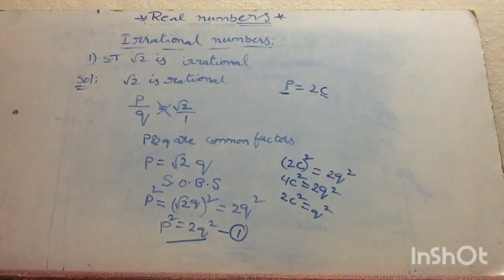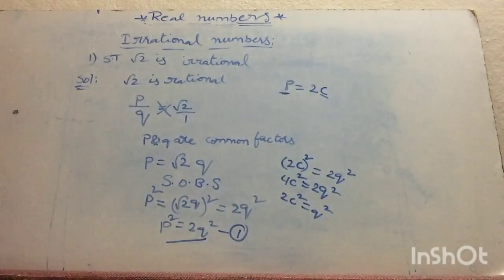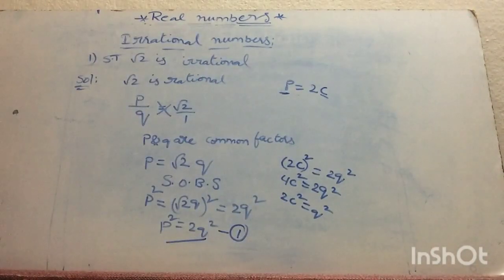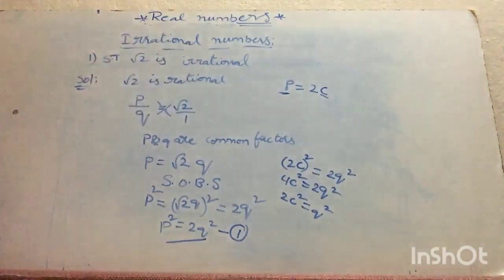So again 2 divides Q square and 2 divides Q also. Therefore both P and Q have a common factor, but this contradicts the fact. So root 2 is not a rational number. That's why root 2 is an irrational number.